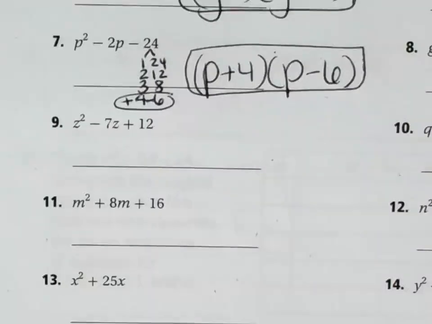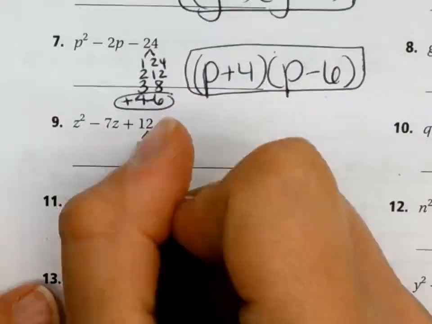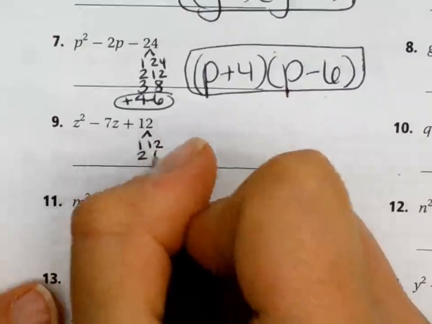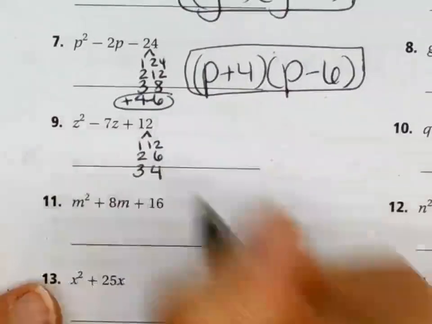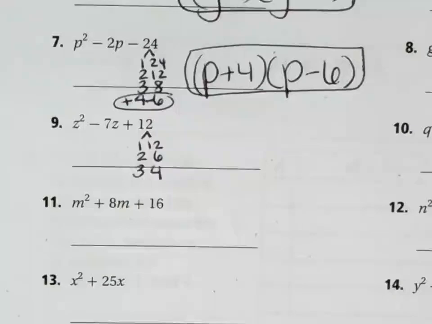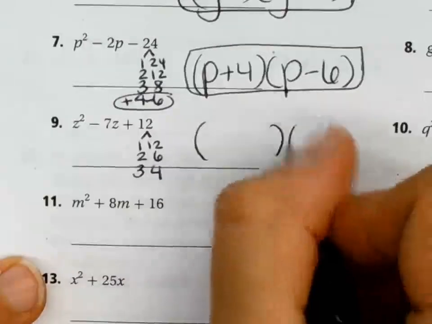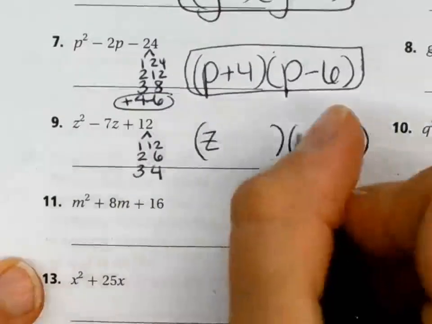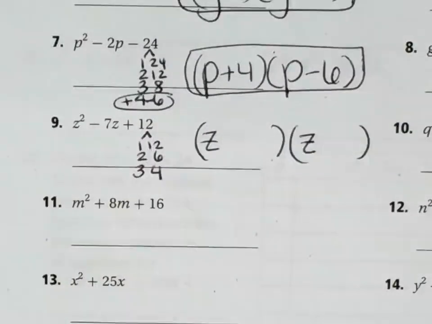Try 9. Anyone brave enough to tell me the factors? 3 and 4.